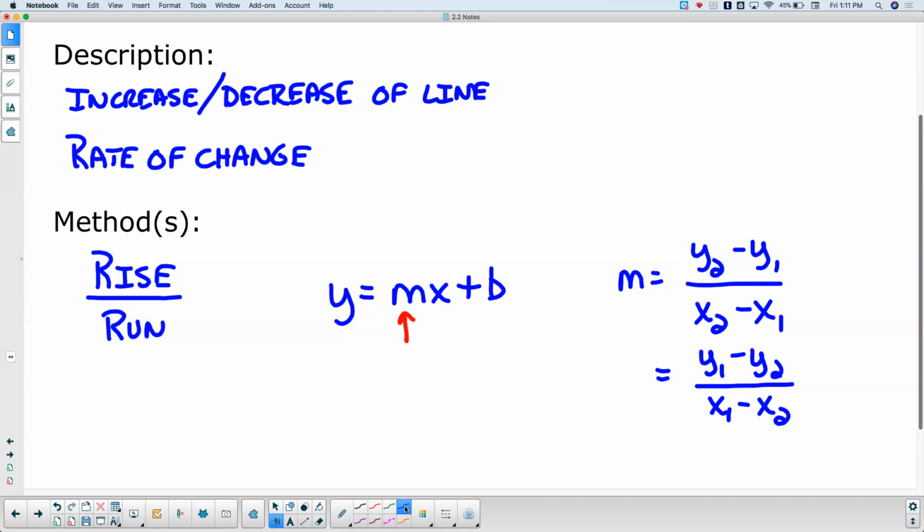Anything else? The only other one that I would have had for a description here would have been the steepness of the line. Because the slope tells you how steep that line is if you're looking at a picture. Okay? Any other methods?